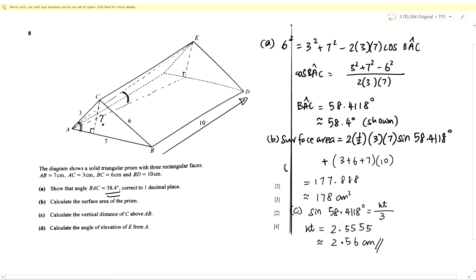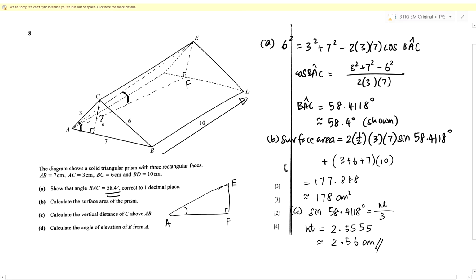So let us call this point F, since it's not used. When we isolate this triangle, we will see A, F, E, and this is our angle of elevation that we need. So there are a few things we need.